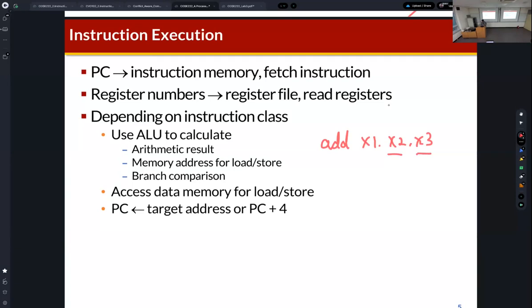So these are the source registers, rs1 and rs2, and this is the destination register, and this is the instruction. Let's see how this instruction is executed and what is required.